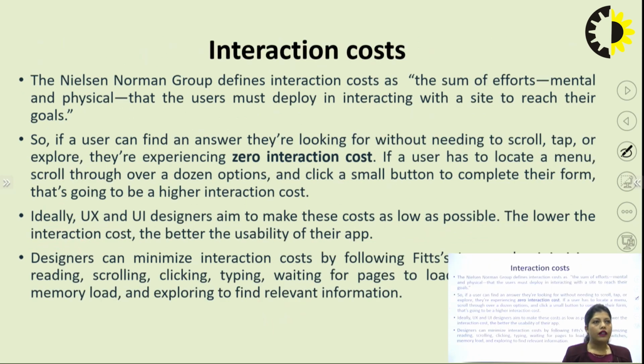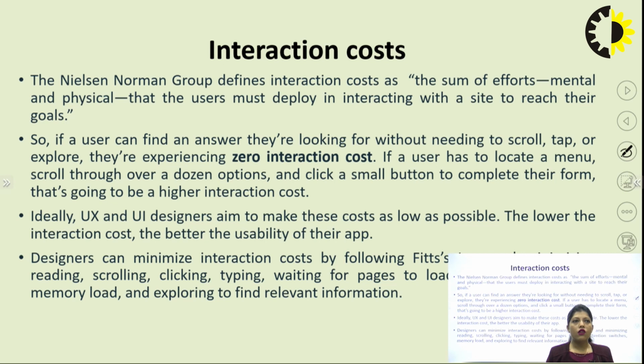So interaction cost is nothing else. Interaction cost is how the user interacts with the cursor, with the objects on the screen. The Nielsen Norman Group defines interaction cost as the sum of efforts, mental and physical, that the user must deploy in interacting with the site to reach their goals.